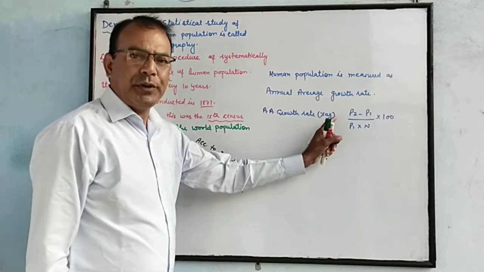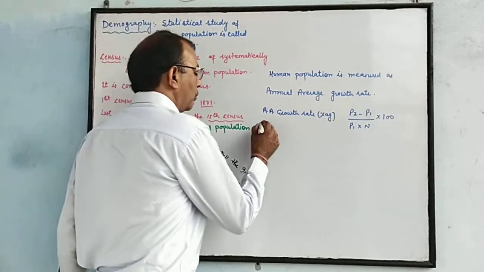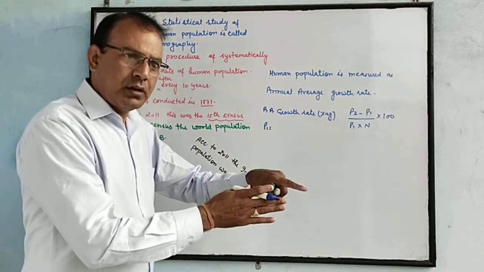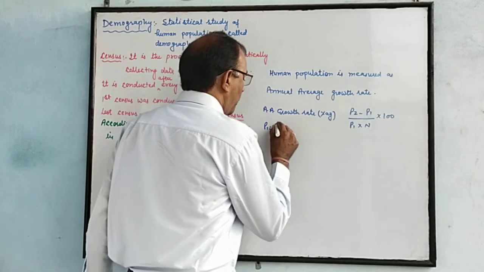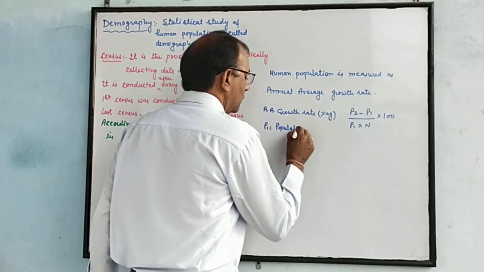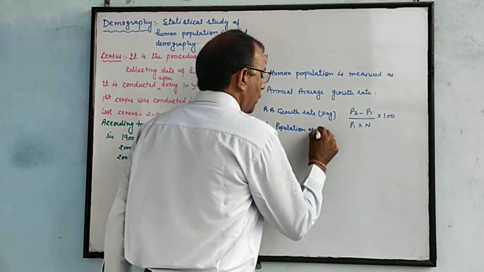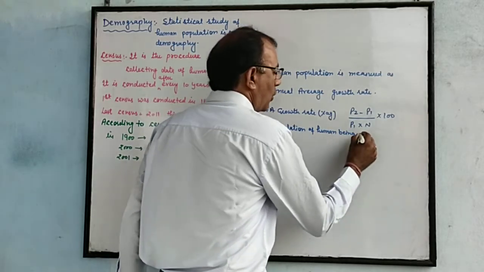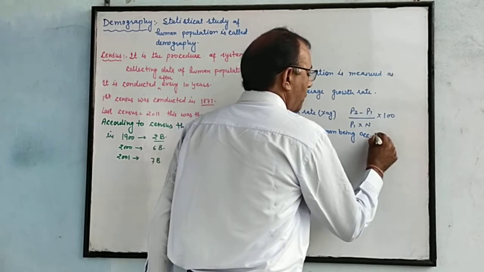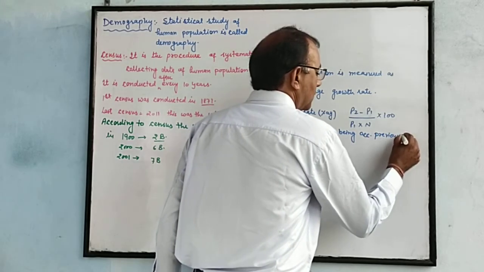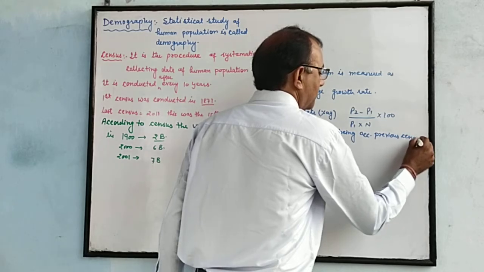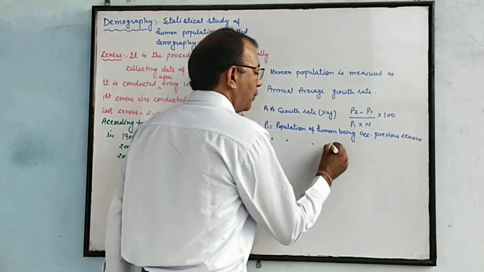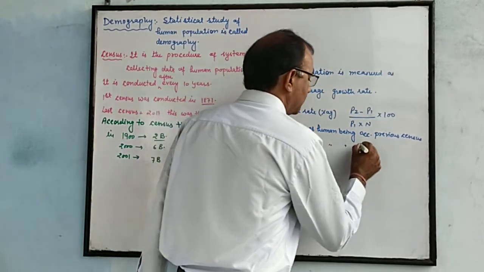What do you understand by P2, P1 and N? P1 is the population of human beings according to the previous census, and P2 is the population of human beings nowadays.